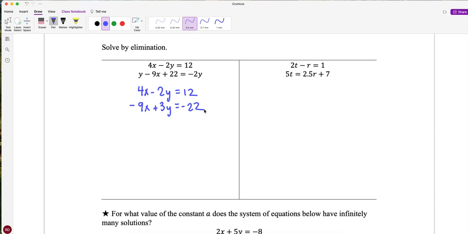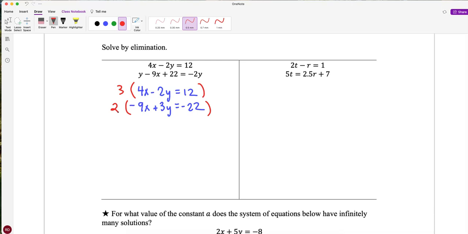Now in this situation, I'm going to have to multiply both equations by something. If I multiply the top equation by 3 and the bottom equation by 2, I'm going to get a negative 6y and a positive 6y. I can make the y's cancel. I could also multiply by 9 and 4, but I'm going to get bigger numbers.